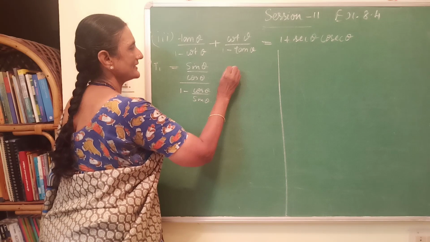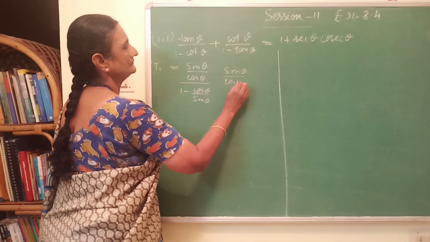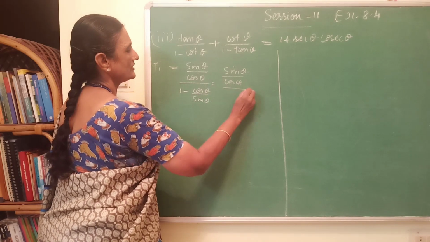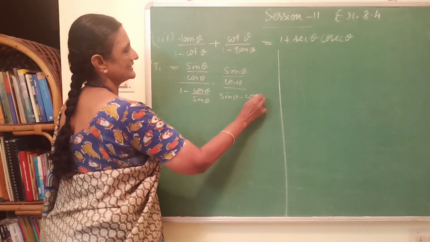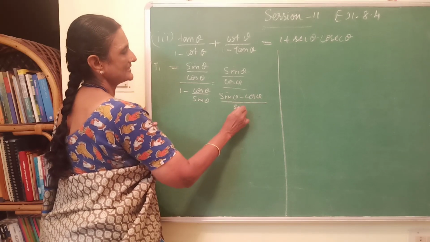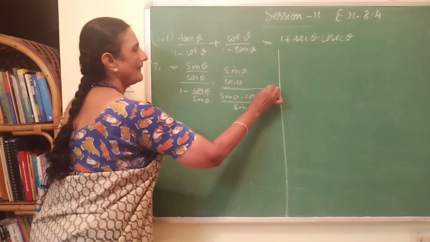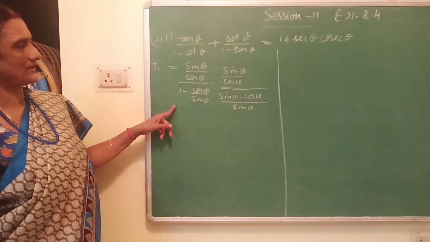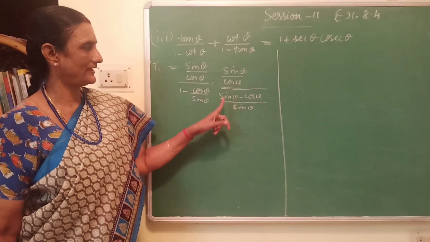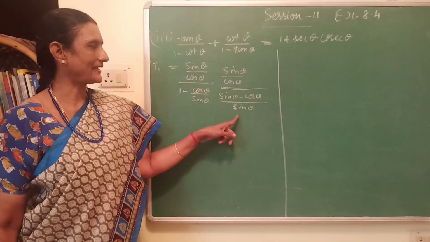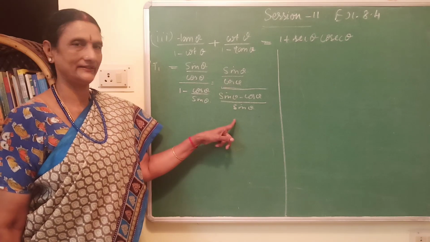Now the numerator is sin theta by cos theta, and then the denominator is sin theta minus cos theta divided by sin theta. Hope you have understood this step. Here I have done sin theta by cos theta, and 1 minus cos theta by sin theta as sin theta minus cos theta by sin theta. That's what I have done for this.